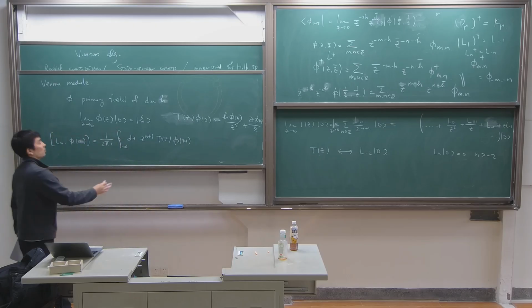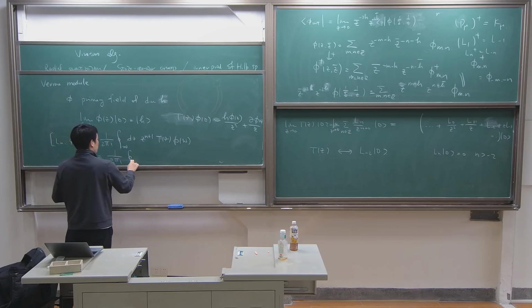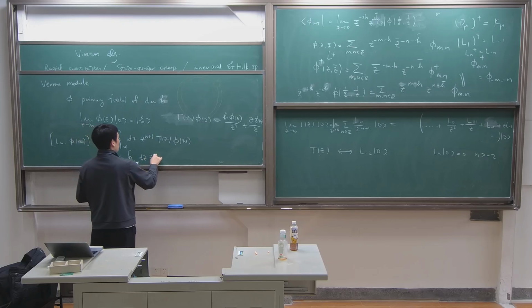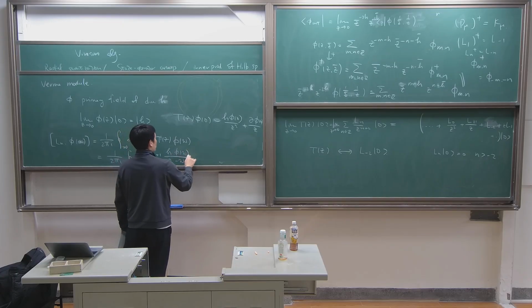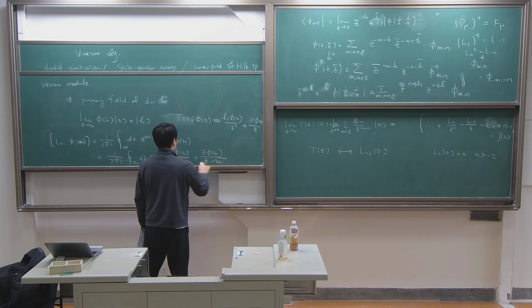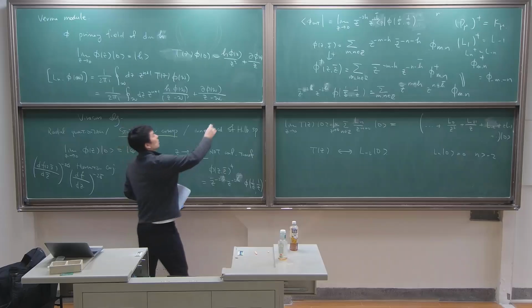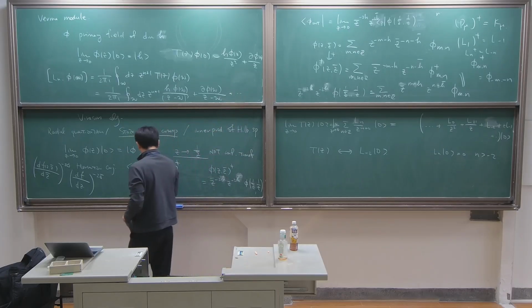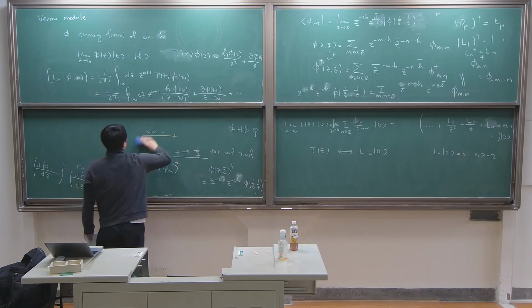And if you use the OPE of this one, what you get is as follows: 1/(2 pi i) contour integral dz z^{n+1}, and here you have h phi(w)/(z-w)^2 plus the derivative of phi(w)/(z-w), and dot dot dot, the regular part. And do the contour integral.